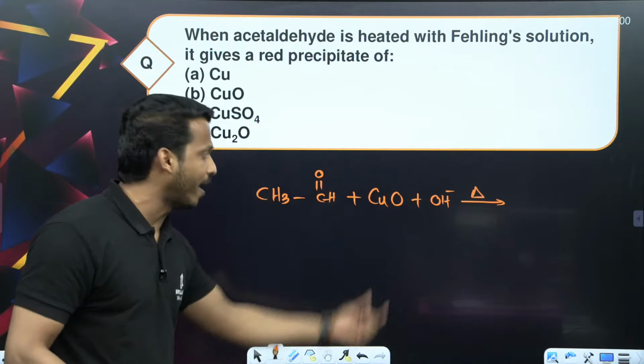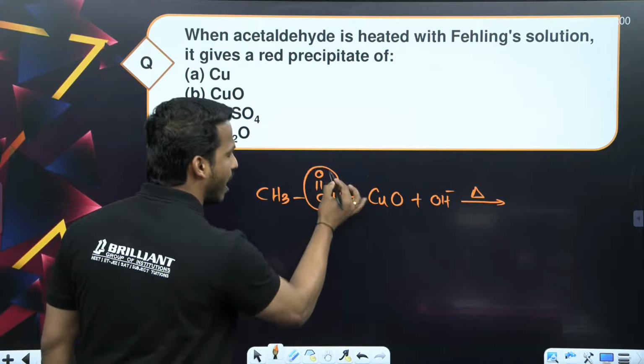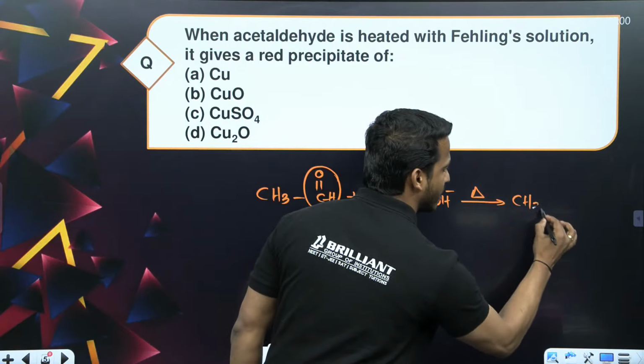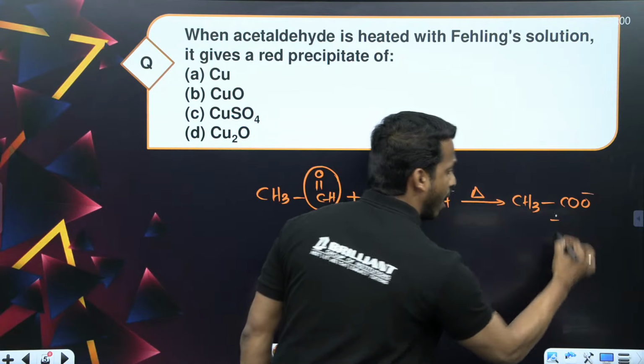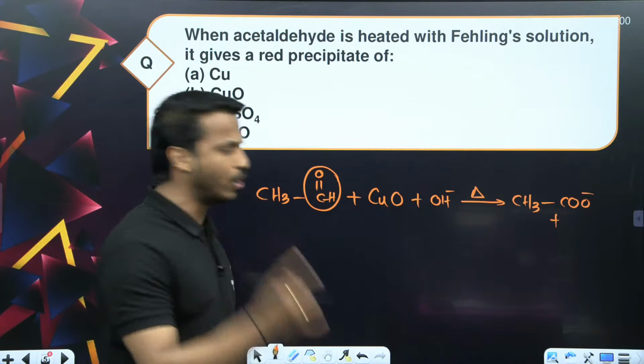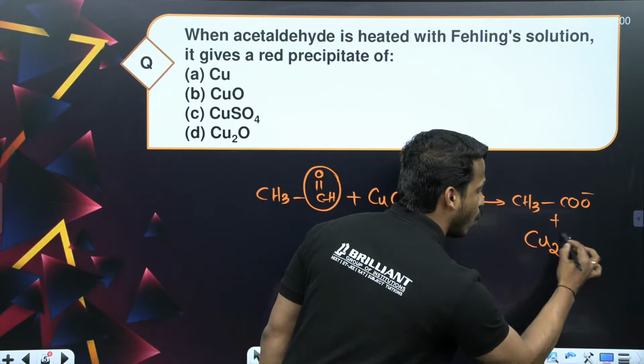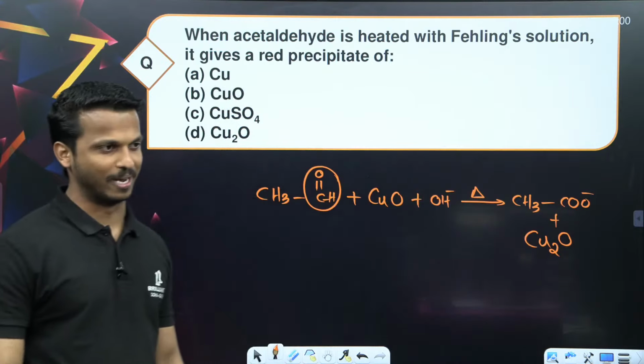You may have studied that Fehling's solution is an oxidizing agent. The aldehyde becomes an acid, CH3COO minus, along with the byproducts. What are the byproducts in Fehling's test, dear all? Cu2O. Very good my dear student.